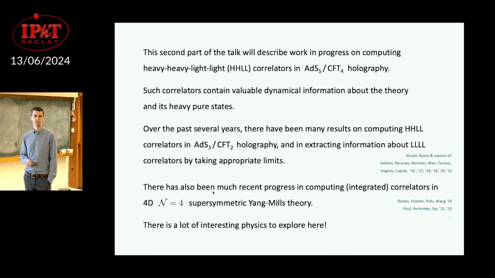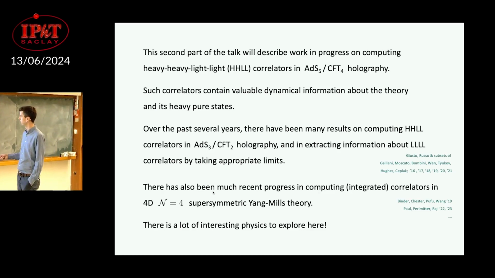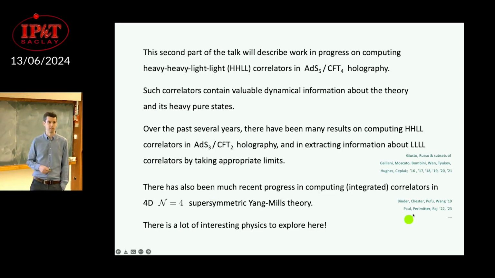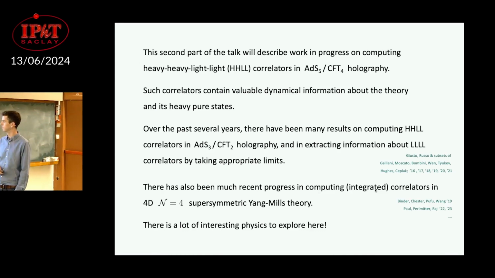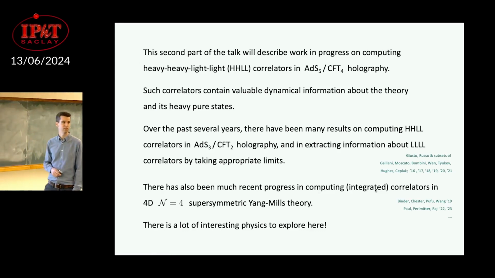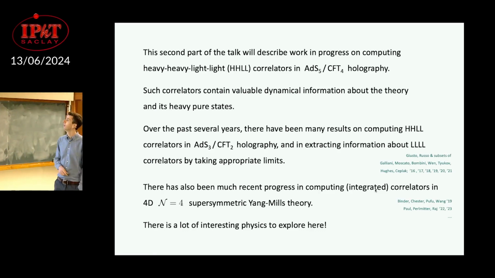There's also been a lot of recent progress on computing correlators and also integrated correlators in 4D N=4 supersymmetric Yang-Mills theory. And we got excited about this topic after a nice seminar given by Heineck Paul, who I'm mentioning here, in a very incomplete list of references, when he came to Southampton a little over a year ago to tell us about these developments. So there's a lot of interesting physics to explore here.